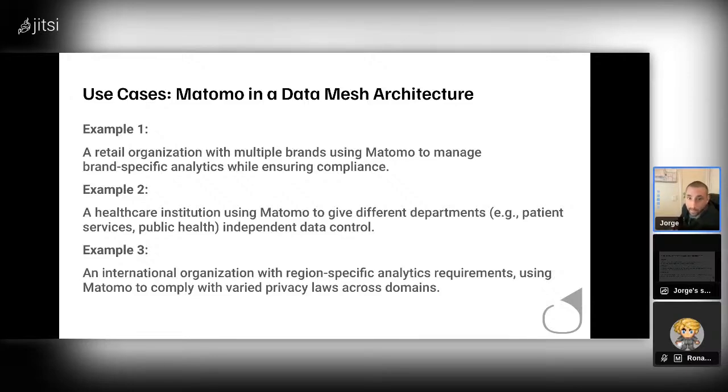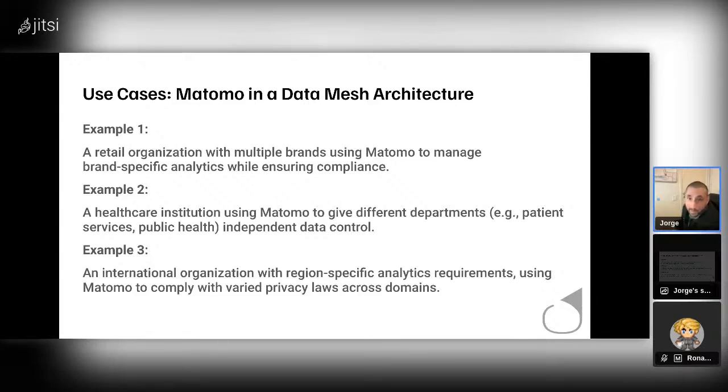Similarly in healthcare, privacy and data security are paramount, especially given the sensitivity of patient information. A healthcare institution can use Matomo to give each department, like patient services, public health, and research, its own analytics setup.